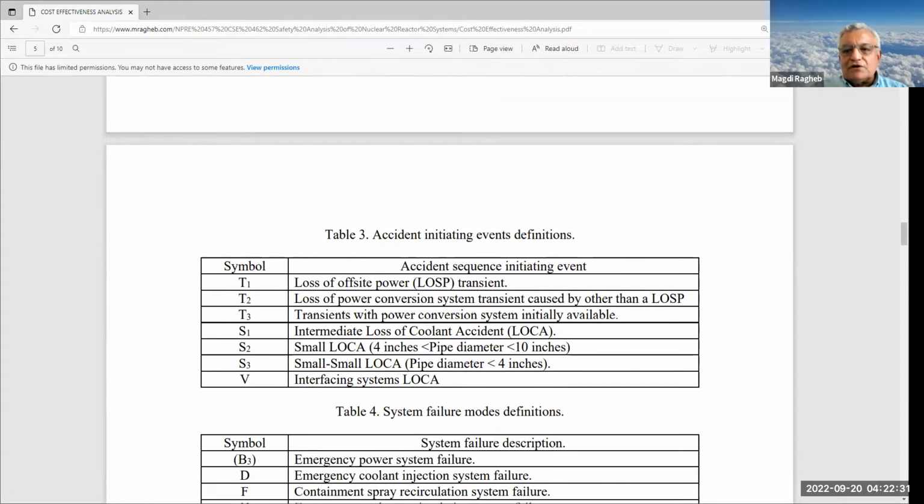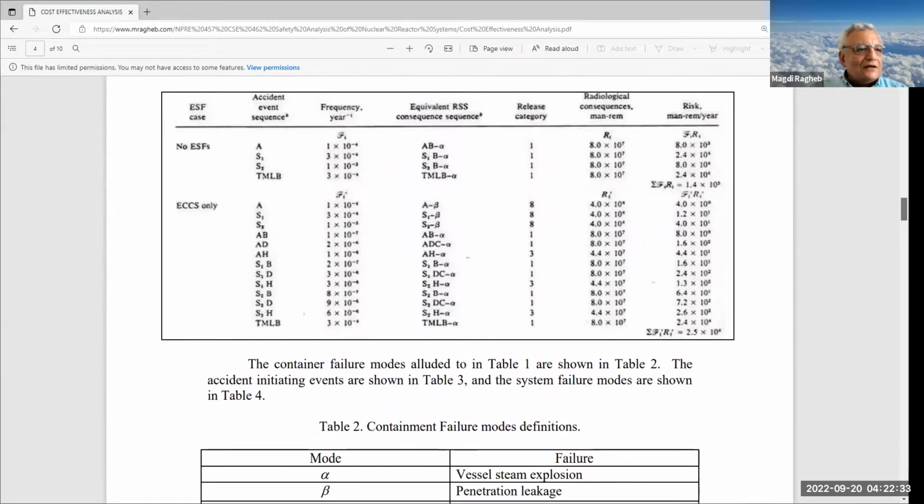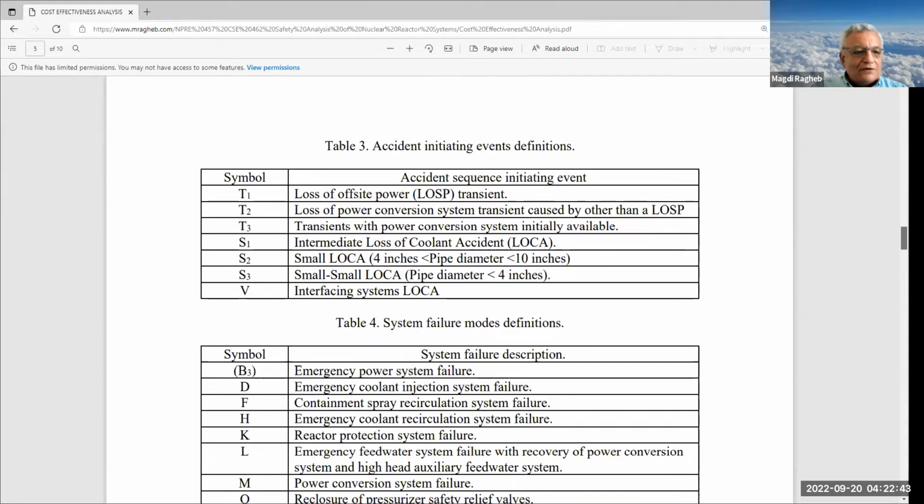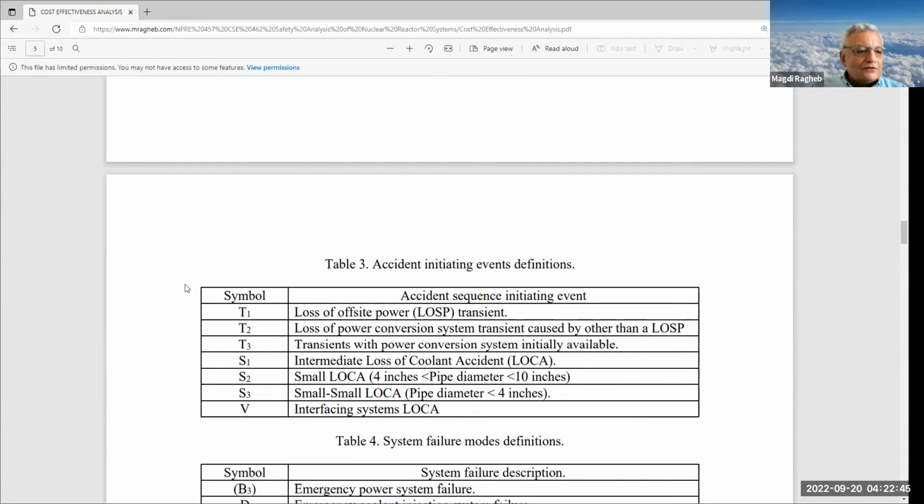If you think about what is a T1, A, B, and L1, if you find your way designing a nuclear reactor, this is terminology for the different sequence accidents that can happen in a nuclear reactor. T1 would be the loss of offsite power. T2 would be the loss of power conversion system transient, other than the loss of offsite power.